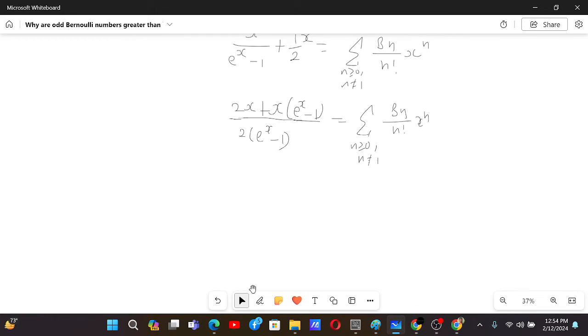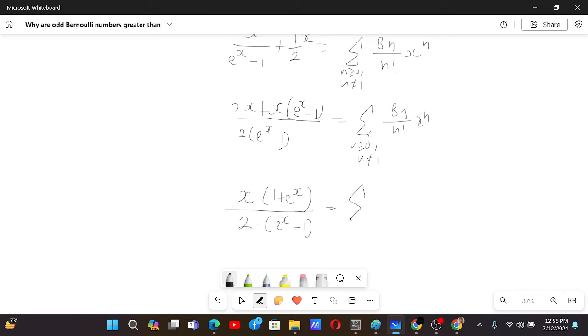Basically here it is x e to the power x minus x, so that gives me x plus x e to the power x. I can write it like this because the minus x is over here. Now I can take x common, so that gives me x times (1 plus e to the power x) by 2 times (e to the power x minus 1).